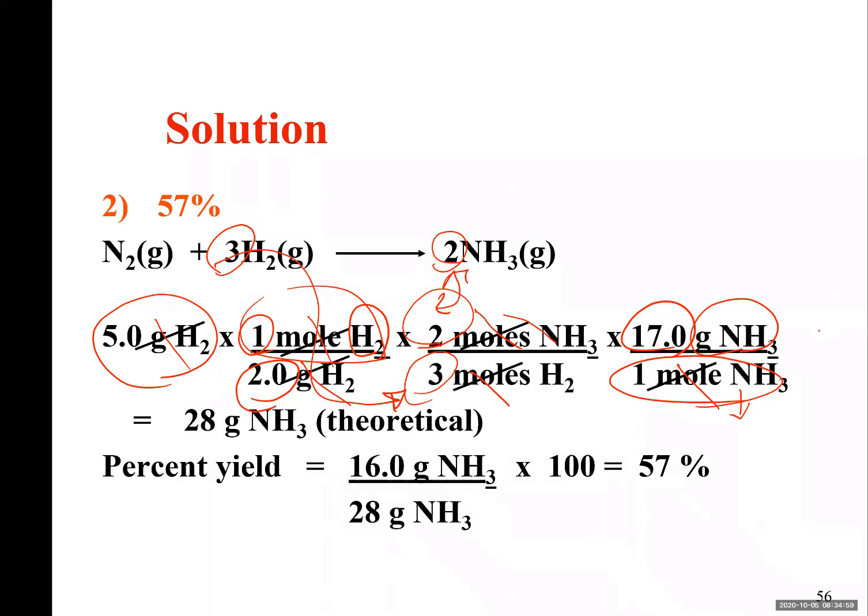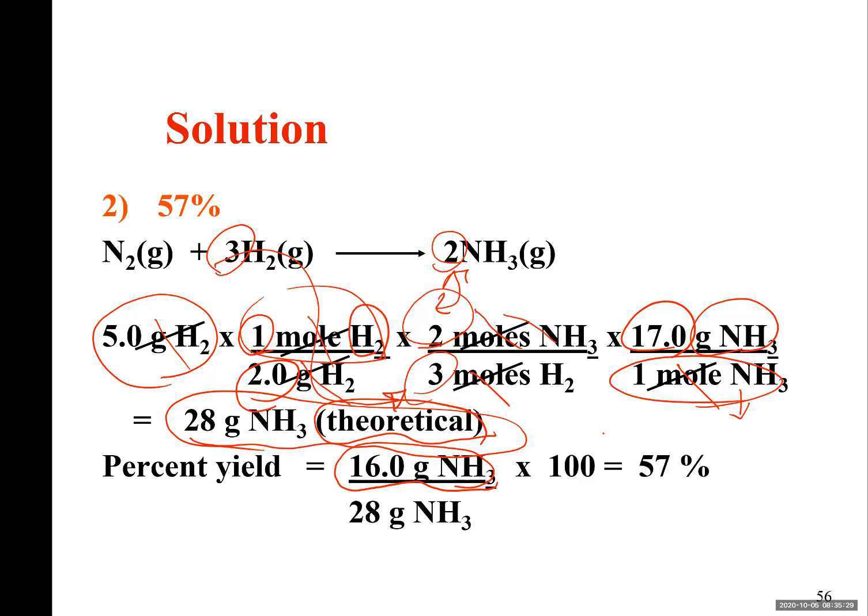So by this, calculation is telling you you should get 28 grams of NH3. And of course, calculation is theoretical, right? It's not based on running an experiment, getting the product, measuring the amount of product. So according to this experiment, they went to the lab, they followed the experimental procedure, they ended up with 16 grams. That's the actual.